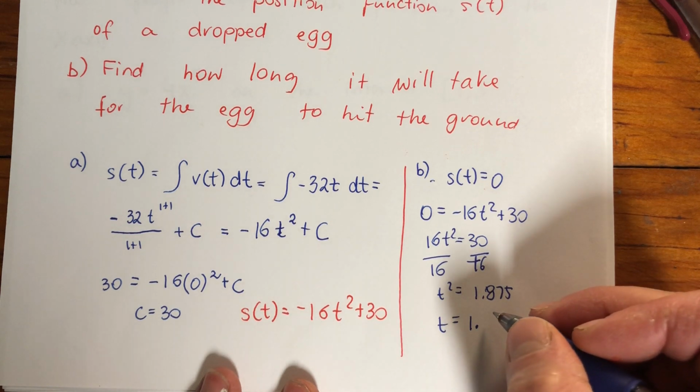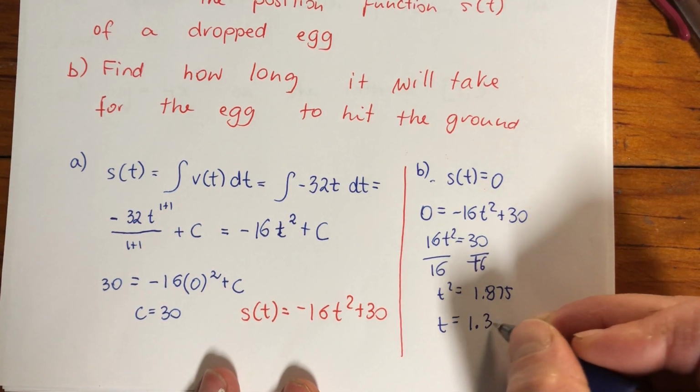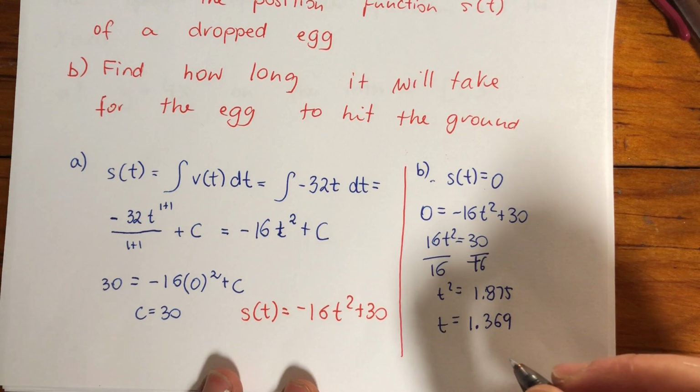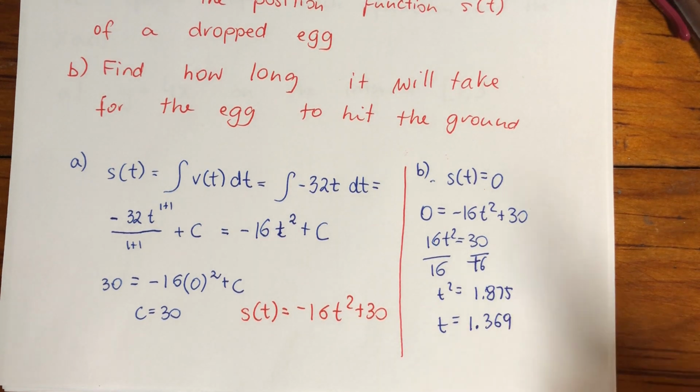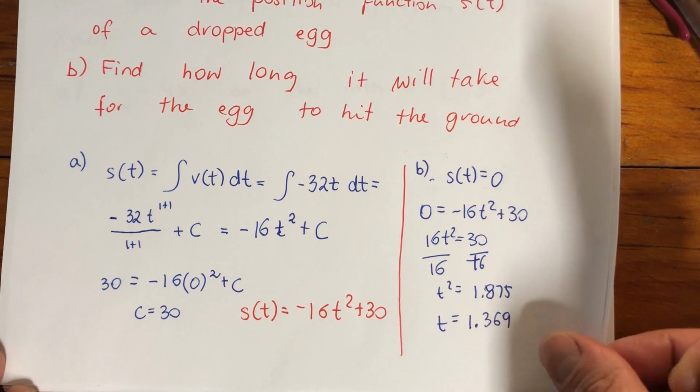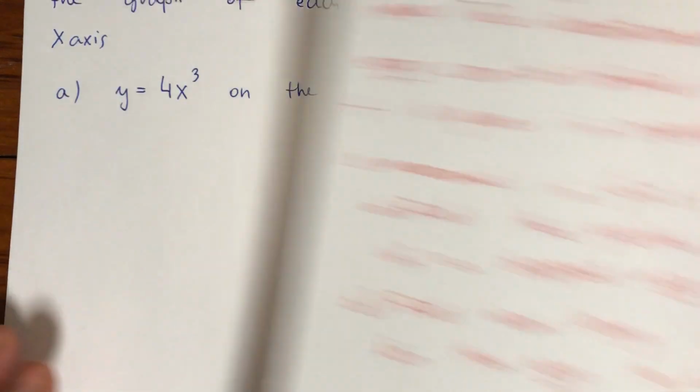Square root is equal to 1.369. So the egg will hit the ground in about 1.37 seconds. Very interesting. Look at that. You were able to use calculus to figure out a problem like that. All right, let's see what else we can do with that.